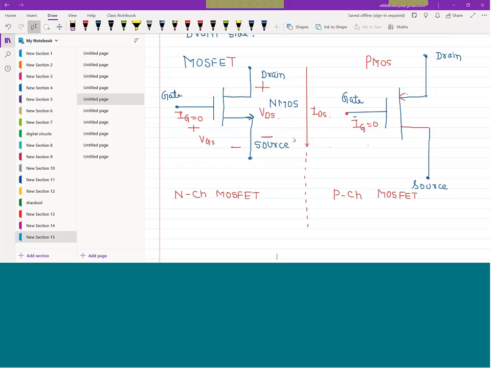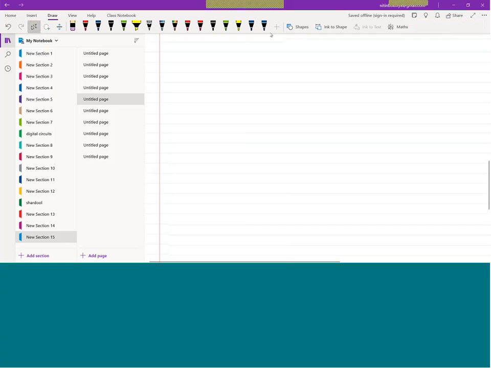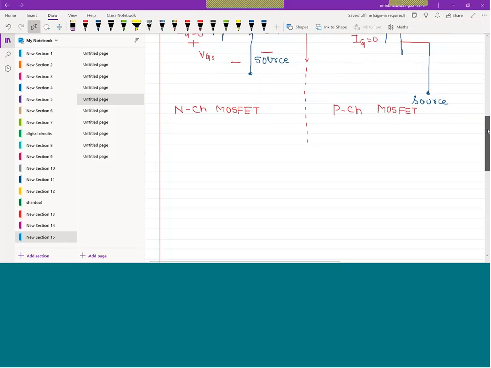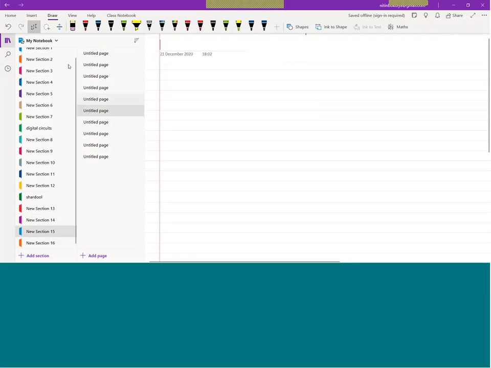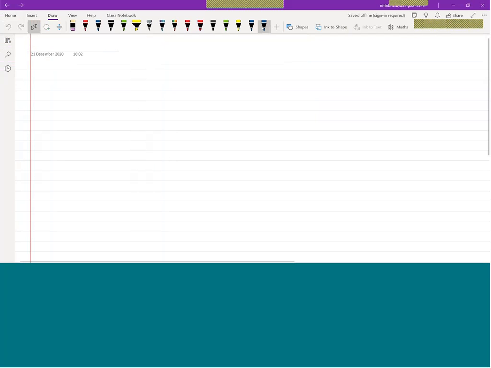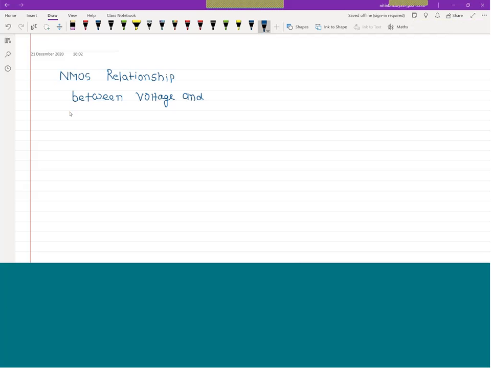So for the N-channel MOSFET, NMOS, I am writing the relationship between voltage and current.